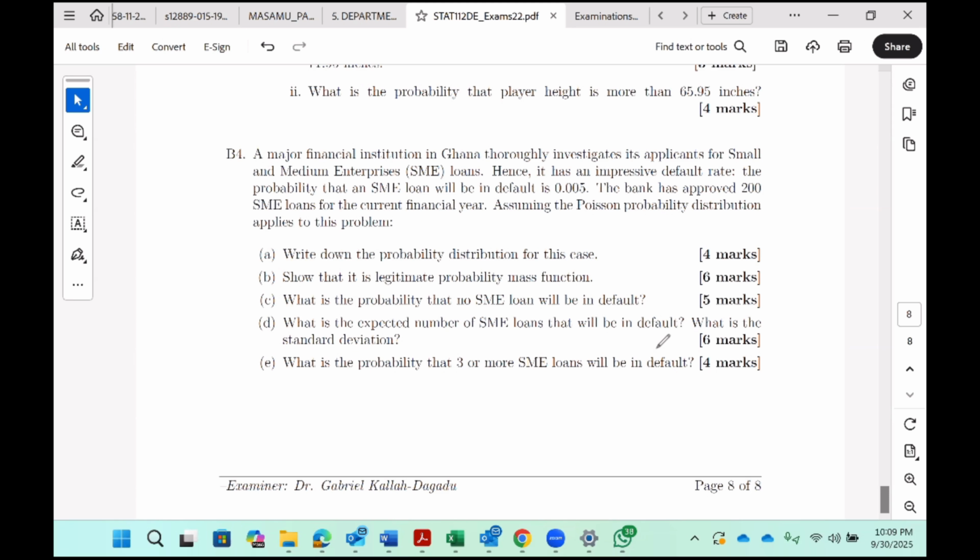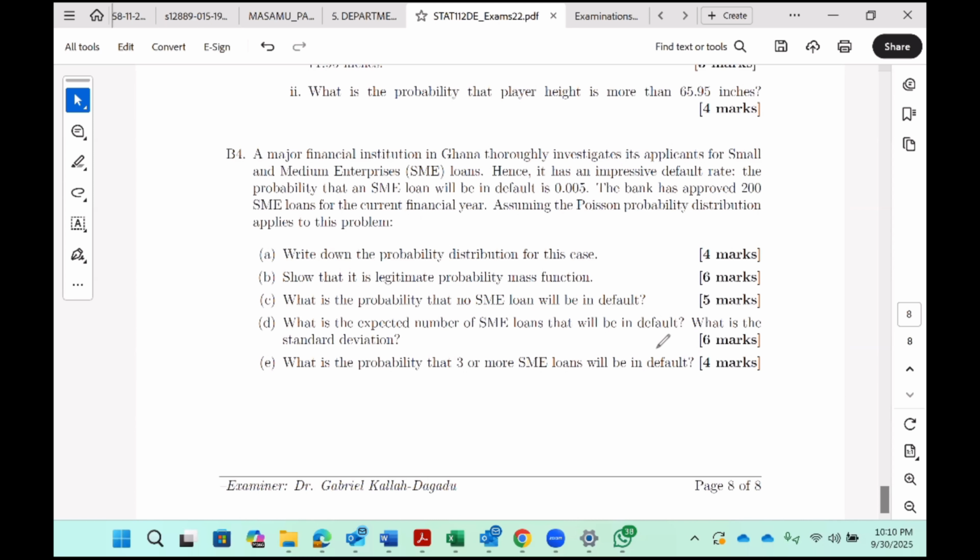Hence, it has an impressive default rate. The probability that an SME loan will be in default is 0.005. The bank has approved 200 SME loans for the current financial year. Assuming the Poisson probability distribution applies to this problem, write down the probability distribution for this case.